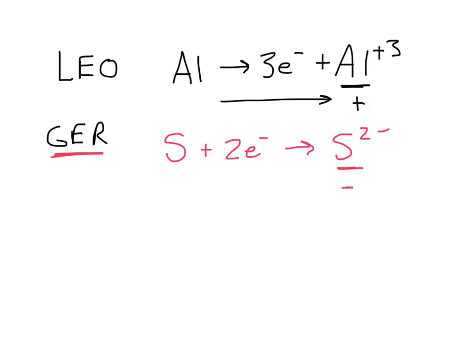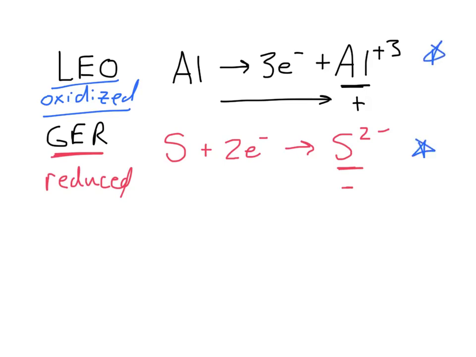So I'm either reduced or I am oxidized. So those are some quick little things. We'll be using them later in the year. But you need to be able to identify which one is gaining and which one is losing electrons, and be able to write the formula, the reaction like this for them.